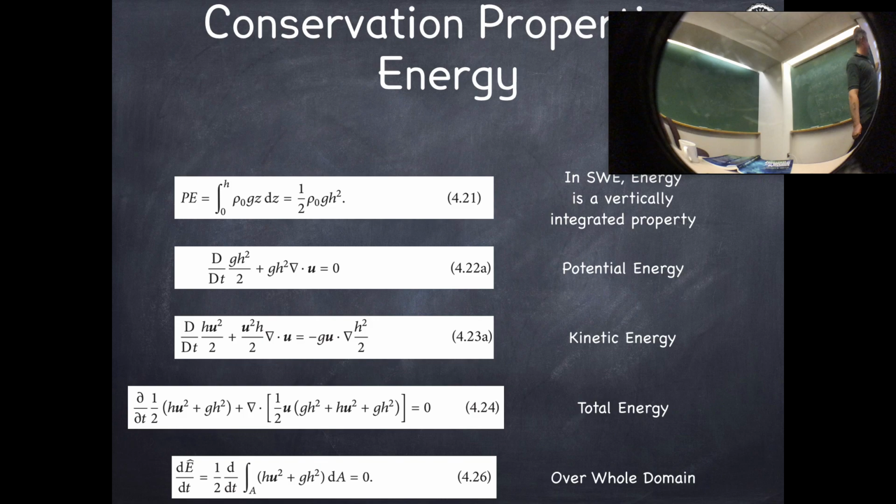You add these two together, and this is what your energy equation looks like. HU squared plus GH squared, 1/2, that's your kinetic plus potential. And then here's the flux, which has that same energy plus an extra one. What's the extra one? Remember back to our other energy equations?